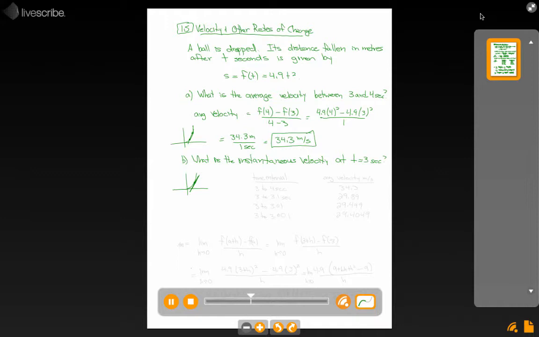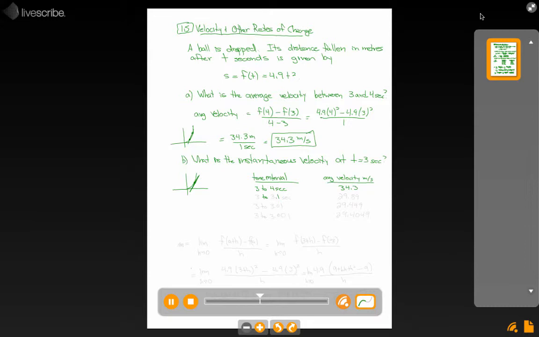In your book they find the value that we did above for a bunch of different time intervals, and they find the slope of the secant lines as those time intervals get smaller and smaller. So for example, from 3 to 4 seconds, we just found that the average velocity in meters per second was 34.3.